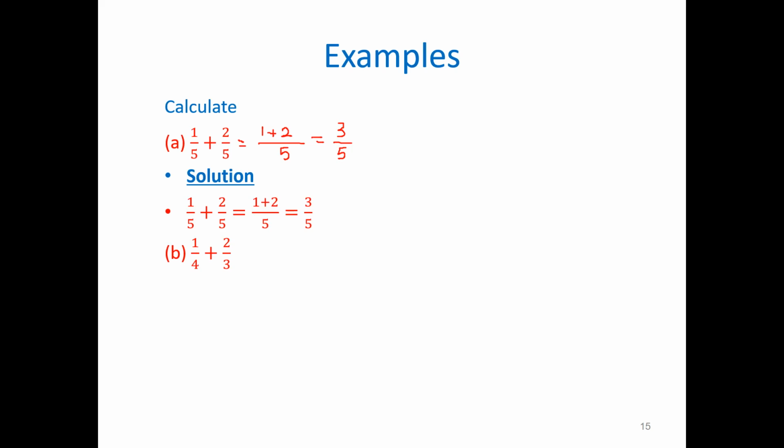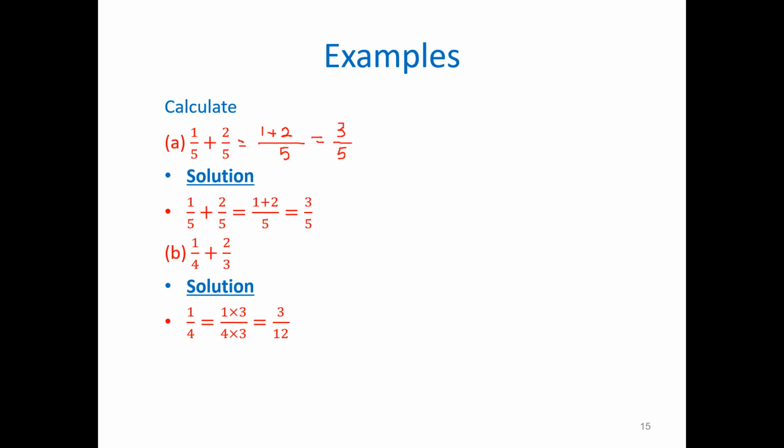Now, we have to rewrite each of these fractions in another form and make sure that both denominators are the same. How to do that? If the first fraction is multiplied by 3 and divided by 3, we obtain another fraction equivalent to 1 over 4 but with a denominator of 12.